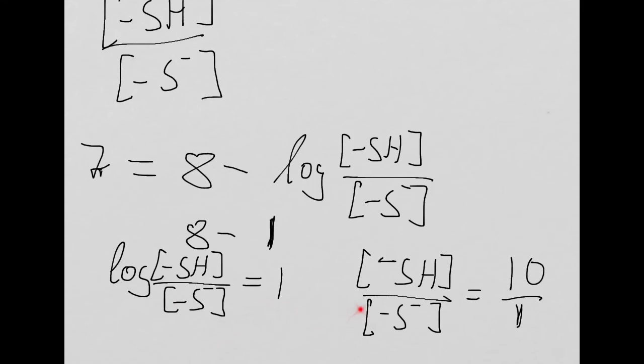And therefore, the ratio of the acid, the SH, to the S minus is 10 to 1. For each molecule of the S minus form, I have 10 molecules of the SH form. Yeah?